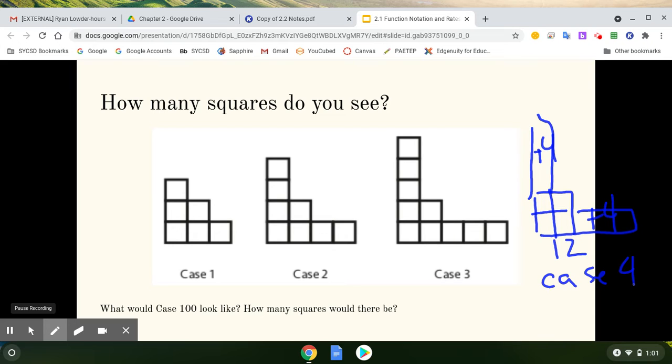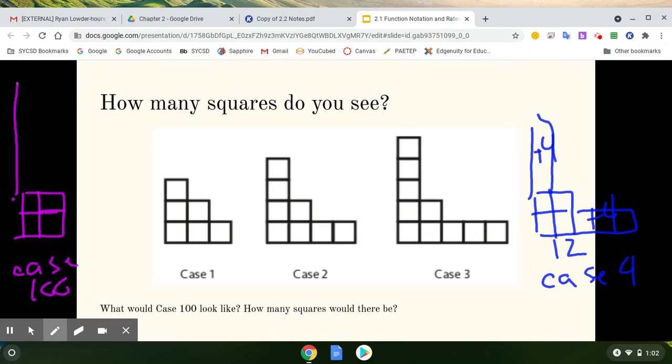Next, go ahead and pause the video and think about what would case 100 look like. How many squares in this case would there be? So to continue this pattern, once again, we would still have the 4 squares in the corner for case 100.